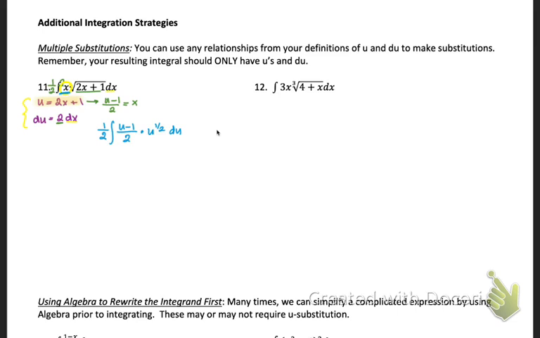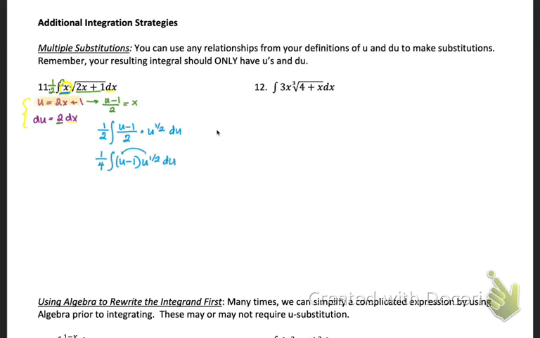Now I have to do a little bit of algebra here to figure this out. This U minus 1 over 2 is the same thing as 1/2 times U minus 1. So I can bring that 1/2 out and multiply it by the constant multiplier I already have. That makes it 1/4. Then in here, I have U minus 1 times U to the 1/2 du.